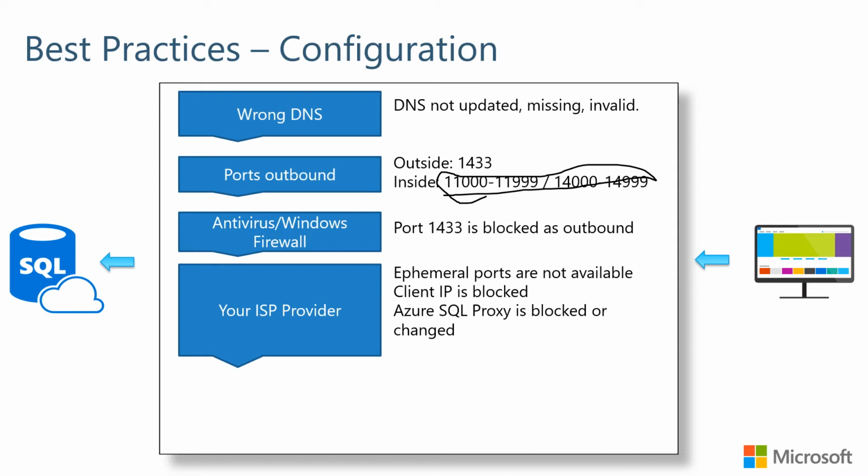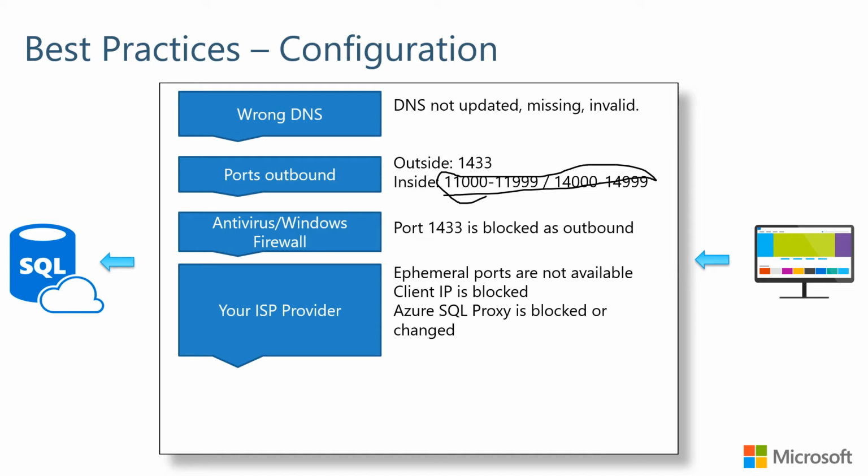In some strange situations, let's say some ISP provider closes the ephemeral port. Ephemeral ports are used when your application tries to connect to 1433. The client will open a local port, for example 40001, and the connection to SQL uses 1433.